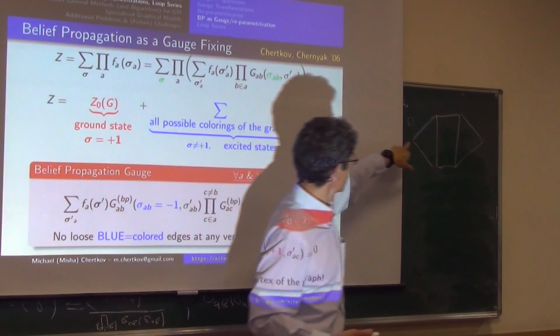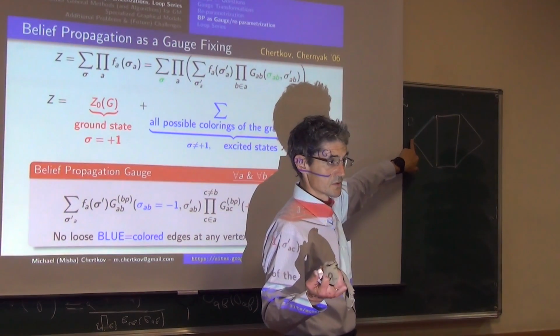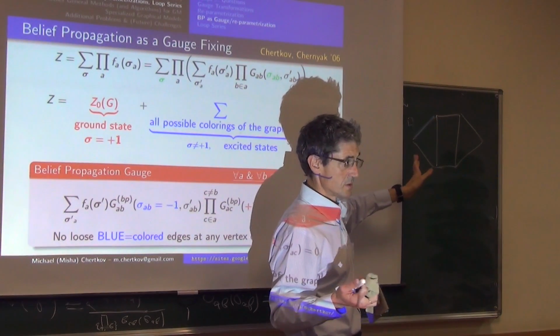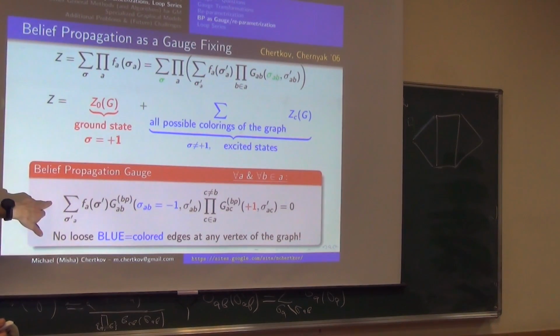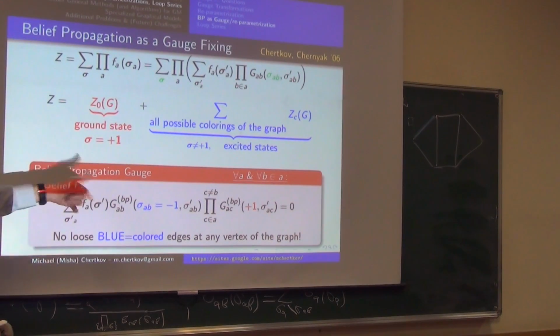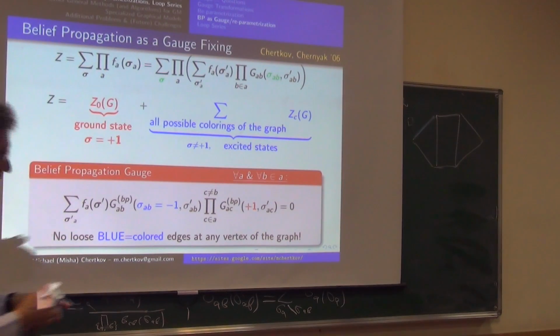And when one of these terms is equal to 0, the whole product is 0, right? So this particular configuration will be 0. Again, this holds if I enforce this condition for all vertices and all edges, coloring only one edge linked to this vertex.